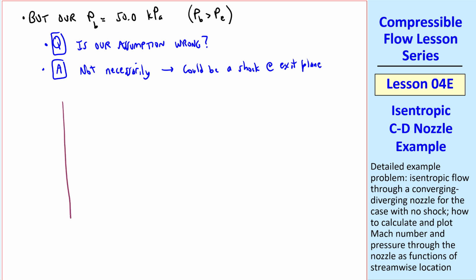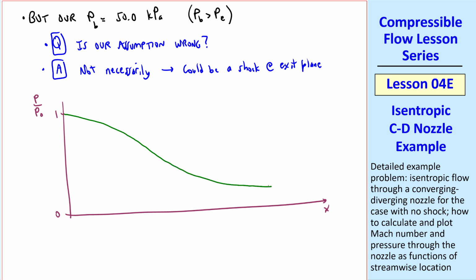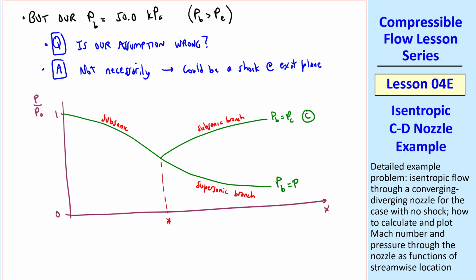To understand this, I'll quickly sketch our P over P naught plot for a converging-diverging nozzle, which you should recall looked something like this, where we had subsonic flow upstream of the throat, a subsonic branch to a pressure that we called PC, case C, and a supersonic branch, where PB is what we called PF, case F, which is our ideal expansion case.